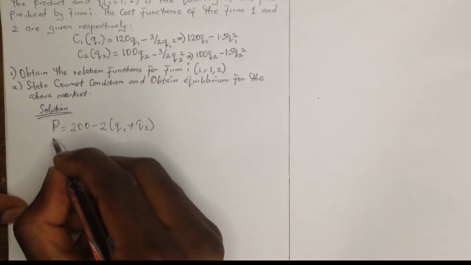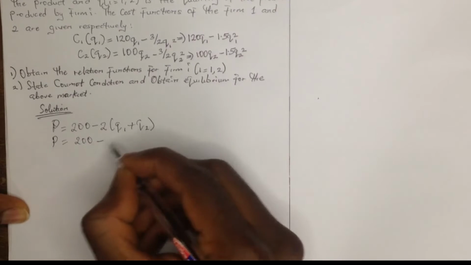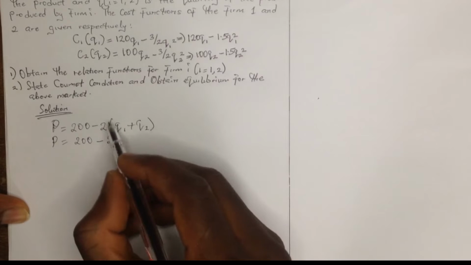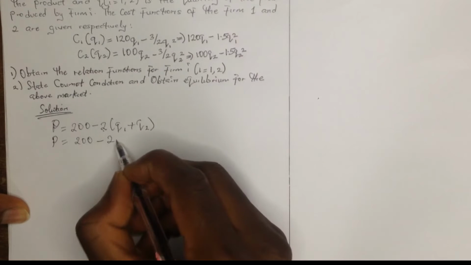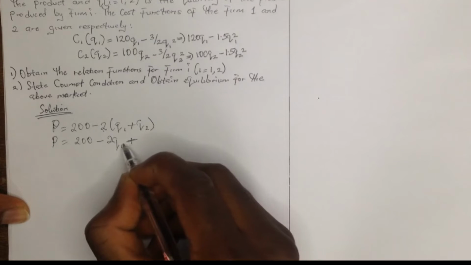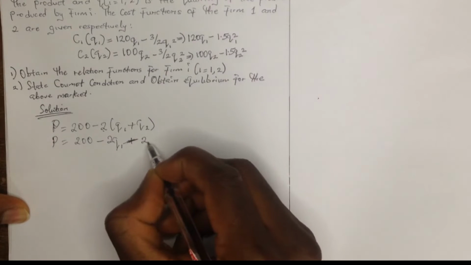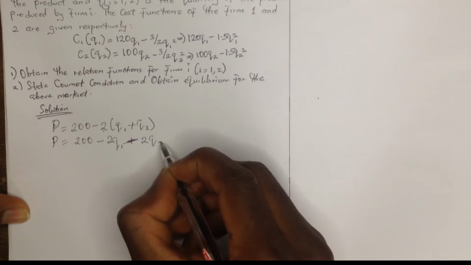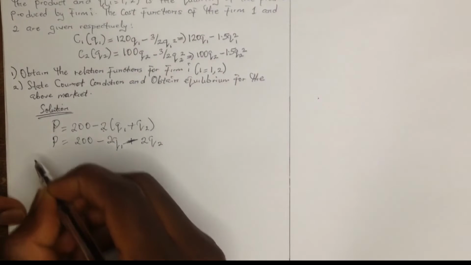Opening the bracket, P equals 200 minus 2Q1 minus 2Q2.